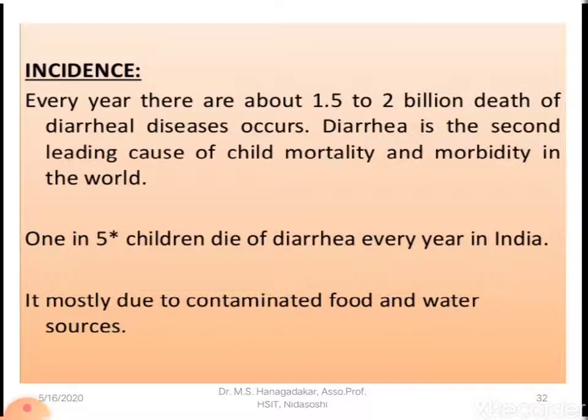There is a survey every year. About 1.5 to 2 billion cases take place because of diarrheal diseases. Diarrhea is the second leading cause of child mortality, meaning children's death, or morbidity. The disease is related to the sulfate content.